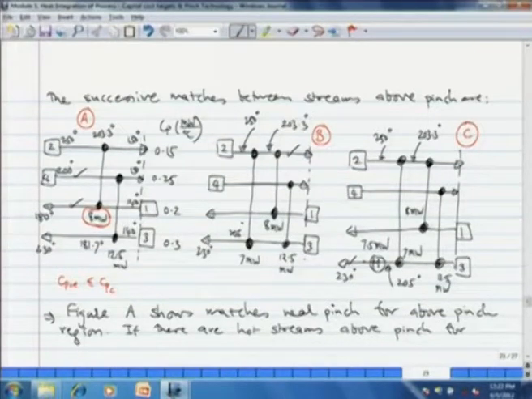The total heat available with stream 4 is 12.5 megawatt, and the heat required for stream 3 is 27 megawatt. Now stream 4 can easily give away all of its heat to stream 3 and meet its target temperature of 150 degrees, and then we place a match. We place a heat exchanger of capacity 12.5 megawatt between streams 3 and 4, and then stream 4 is ticked off because its target temperature is met.